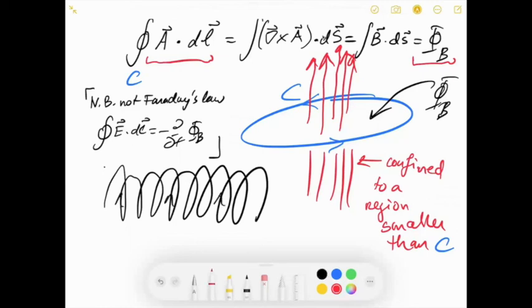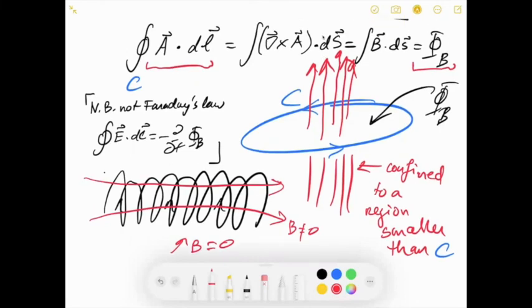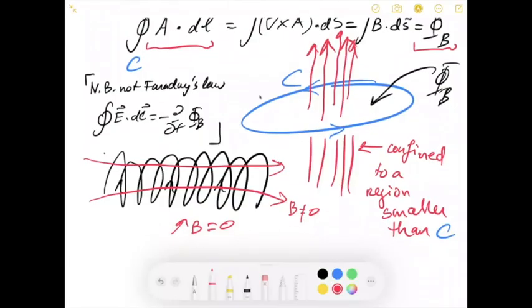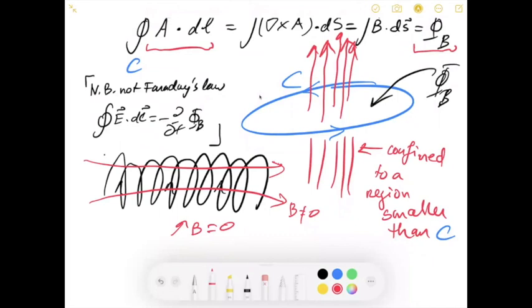And then the field inside was non-zero, B was non-zero, but out here B is 0. So what does that mean? Even if the solenoid's not infinitely large, if we're close enough to that solenoid, we are definitely in a region where the B field is 0, but the vector potential is not.